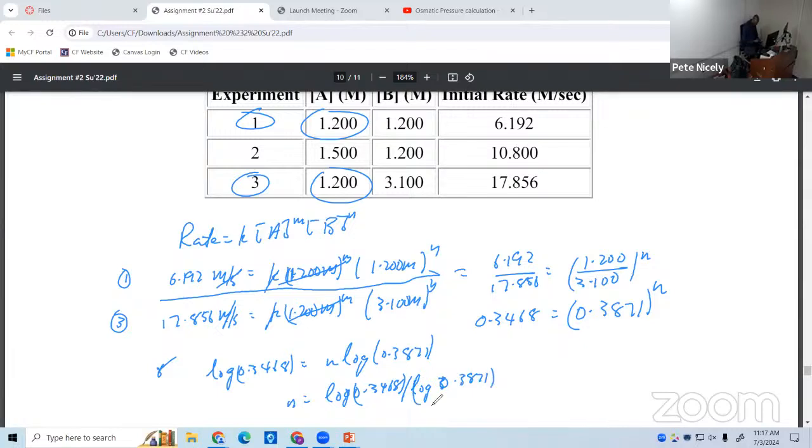So let's see what that gives. The answer I got for this one is 1.116. I will just round this off to 1.